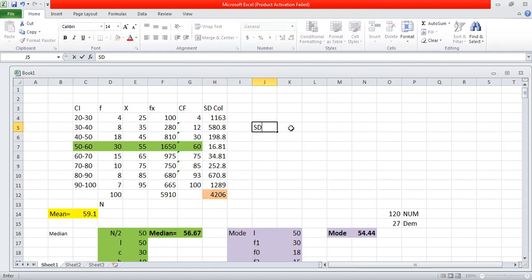The formula is square root of summation fi into xi minus x bar whole square divided by n, where n value is 100.